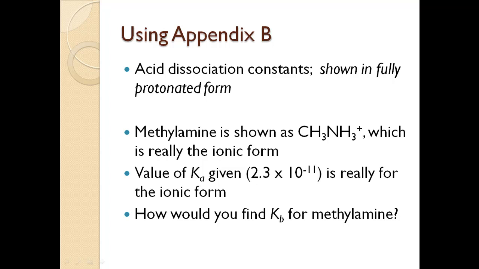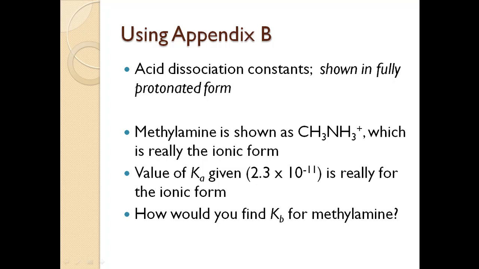And the value that they give you of that Ka, that 2.3 times 10 to the negative 11th, is really for the ionic form. So do not make that mistake. So how would you find the Kb from methylamine? Well, very simply, you know the relationship now, the equilibrium constant of water, so you would use that to find the Kb of methylamine.